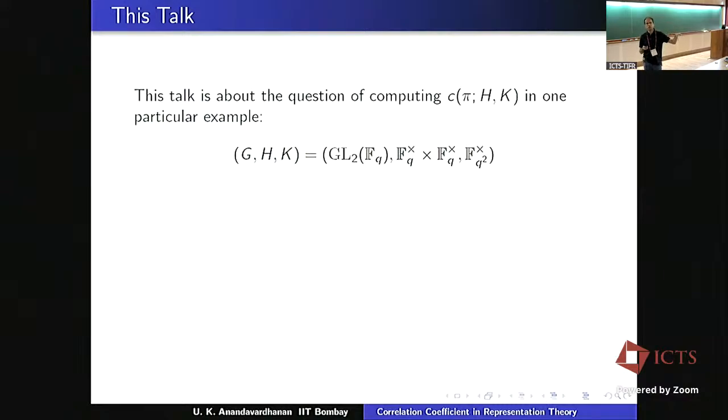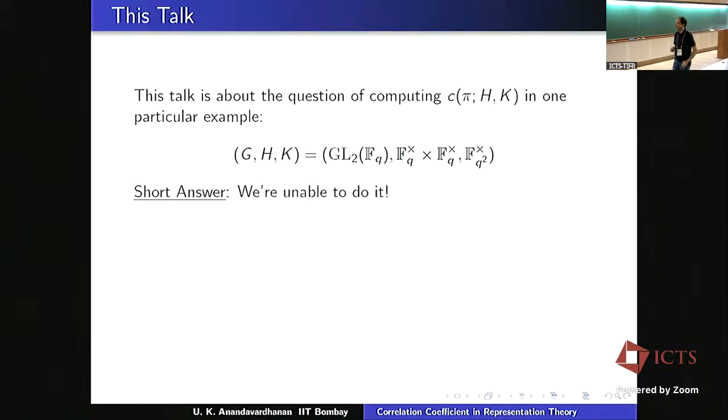The split torus, F_q star cross F_q star, and the non-split torus, which corresponds to a quadratic extension, the multiplicative group of the quadratic extension, F_{q^2} star. Okay, so F_q star cross F_q star and F_{q^2} star. So these will be the subgroups. The short answer is that we are unable to do it in a proper way. And for the rest of the talk, I will say what we are trying and what we can say.